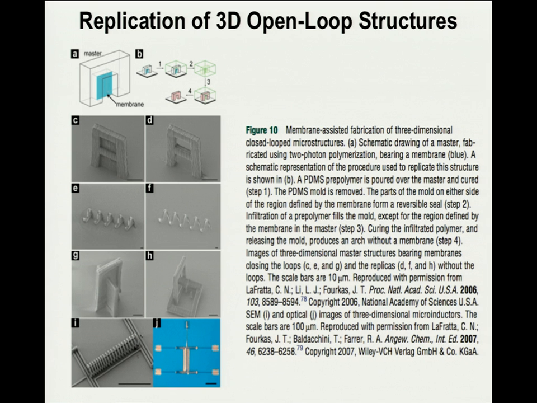You can also use these approaches to make interlocking structures. So how do you make a 3D structure like a solenoid or this letter A that has holes in it? What you can do is create a master by a process called two-photon lithography, which is a way of using two laser beams that undergo constructive interference at a certain position where they intersect.